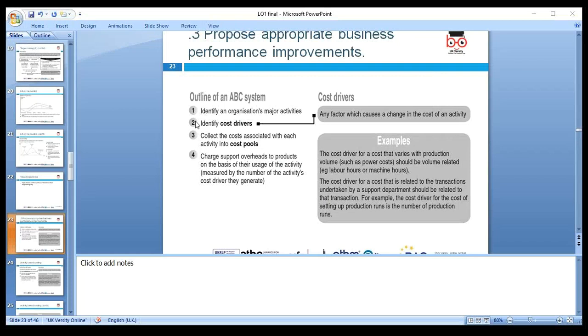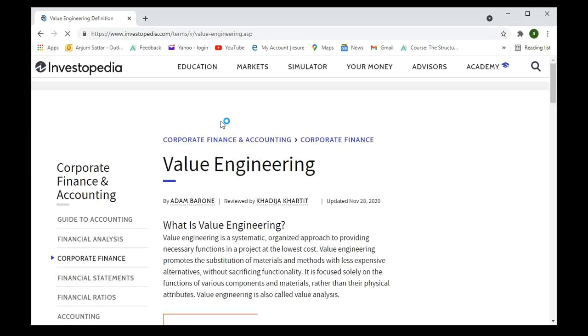Next, I'll show you this value chain. Investopedia is quite a good website as well, but we do not use it for our reference purposes because sometimes the information may be created by anyone.